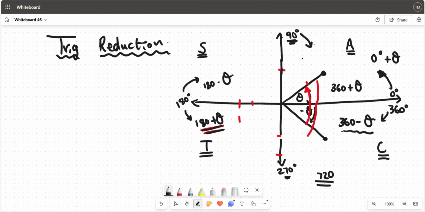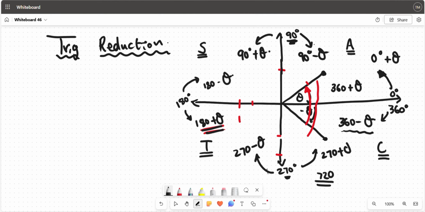This quadrant would be the 90 degrees minus theta. This quadrant will be the 90 degrees plus theta. If we're doing it for 270, this will be 270 minus theta. This will be 270 plus theta.